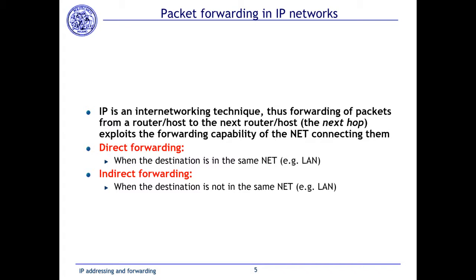So you are sending a packet from a source to a destination, and they are connected directly by the same network, and they can speak, for example, on layer 2, on the data link layer. Indirect forwarding is when the destination is not in the same IP net as the source. So in this case, you always have to cross at least one router, and so you have to make at least 2 hops to reach the destination.